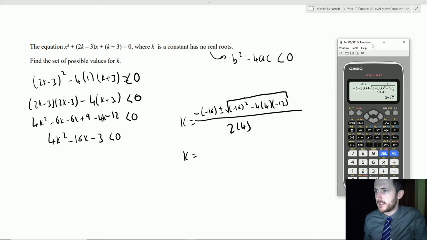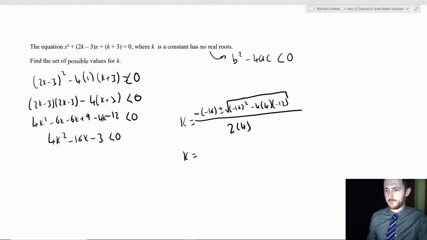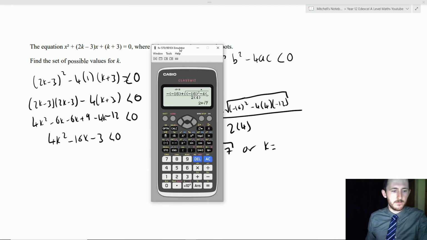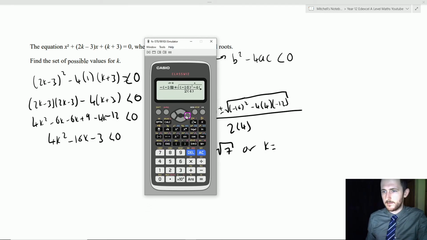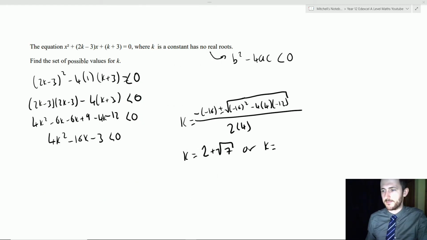First answer is 2 plus root 7. You can probably guess what the next answer is going to be. Minus root 7. Cool.